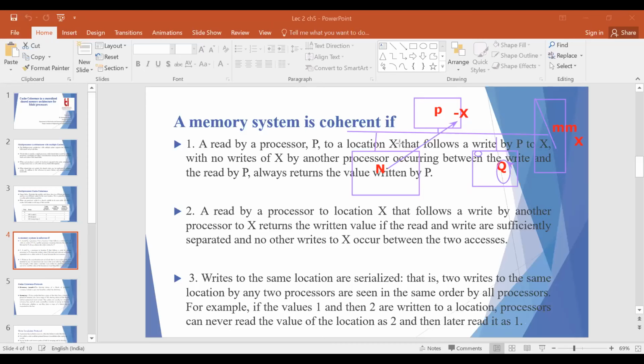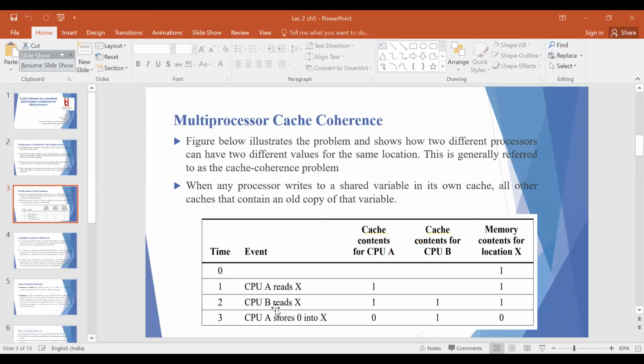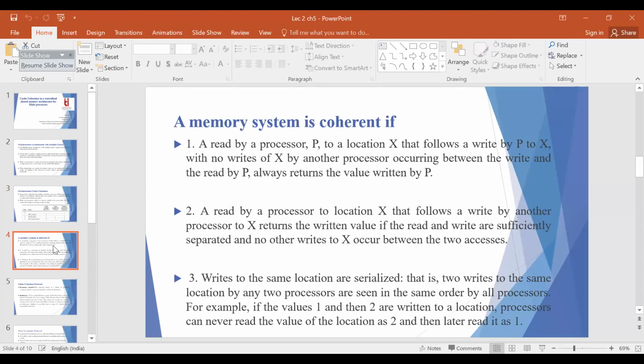Yes, ma'am. So this is what cache coherence actually talks about. Not just the diagram that we discussed right now. That diagram was just to explain what the cache coherence problem is, but coherence actually talks about all reads and all writes. It takes into account all reads and writes.